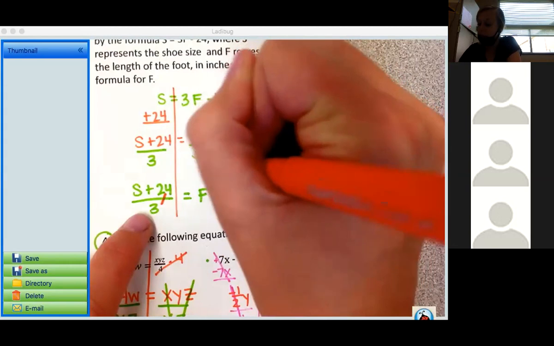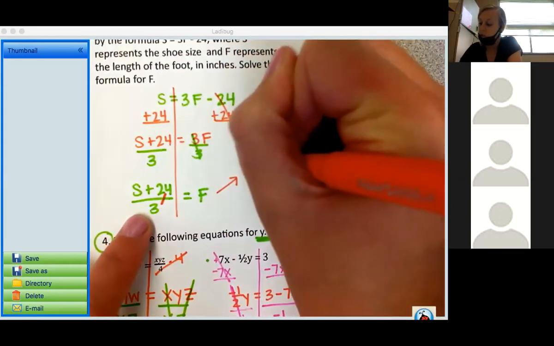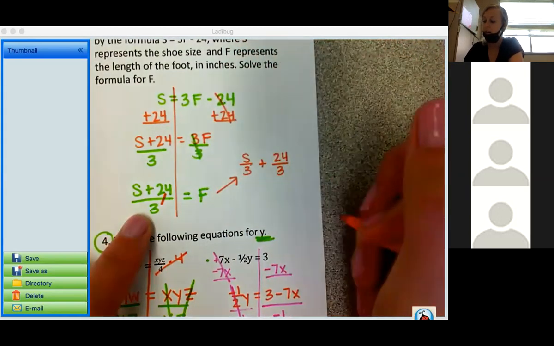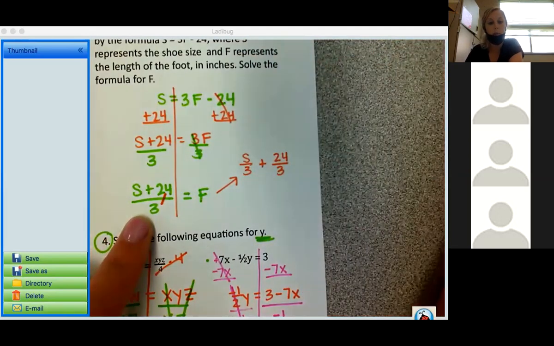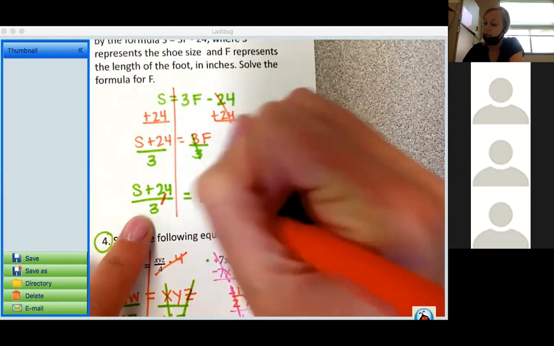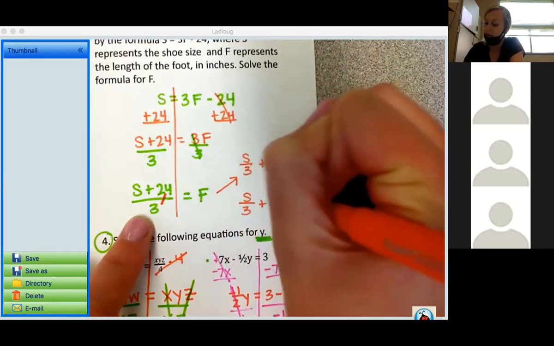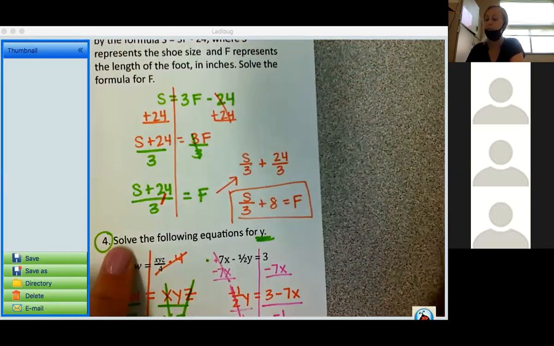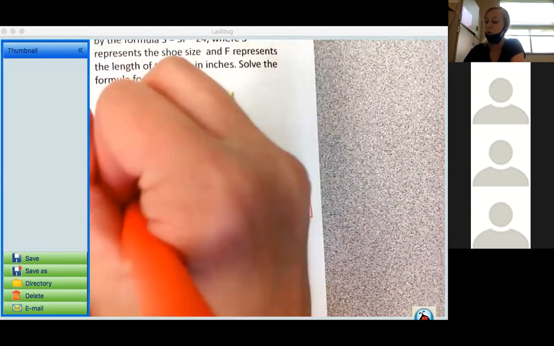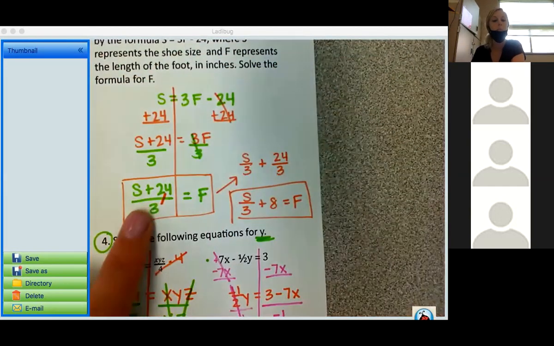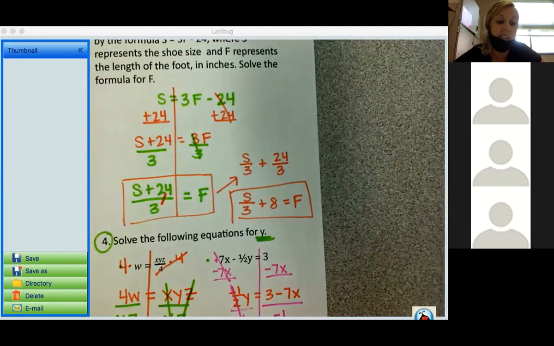So this would be S over 3 plus 24 over 3. But she just told me 24 divided by 3 is what? 8. So you could have also written this S over 3 plus 8 equals F. That would be fully simplified. But if it's multiple choice and you see it left like this, then you can pick that one. They mean the same thing.